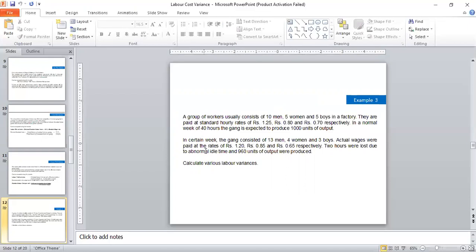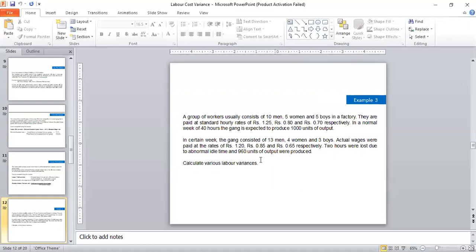In a certain week, the gang consists of 13 men, 4 women, and 3 boys. Actual wages were paid at the rates of rupees 1.20, rupees 0.85, and rupees 0.65 respectively. 2 hours were lost due to abnormal idle time and 960 units of output were produced.